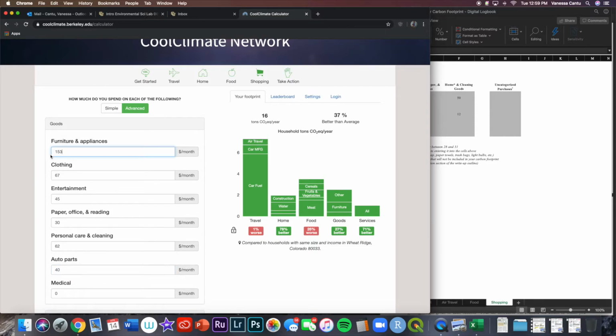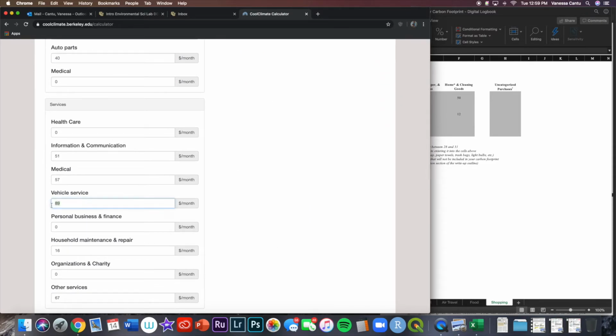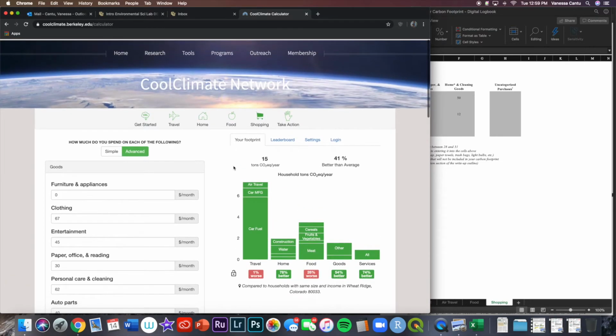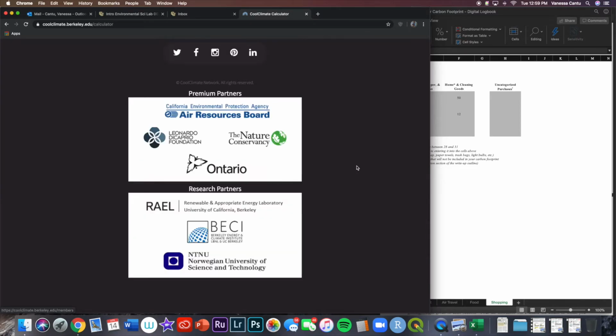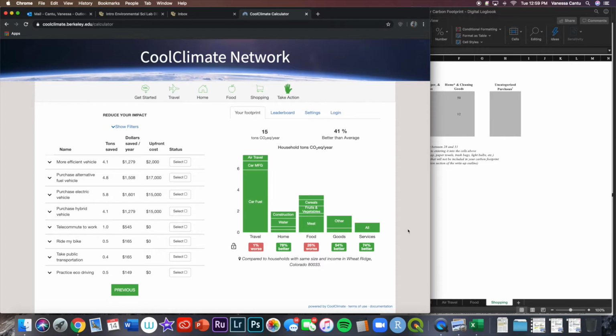Furniture and appliance, you didn't buy anything. Cool. So vehicle service, say you got an oil change. If you remember all of this, if not, you can just keep it as such. Cool. So once you do that, click next.